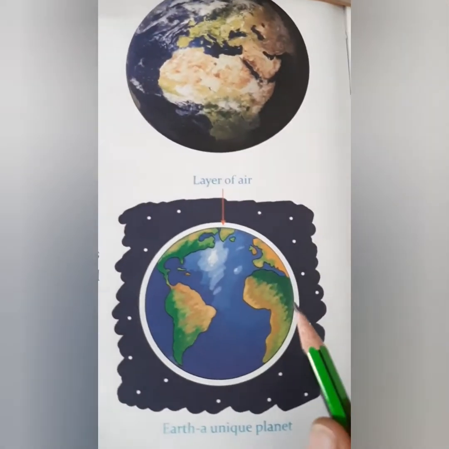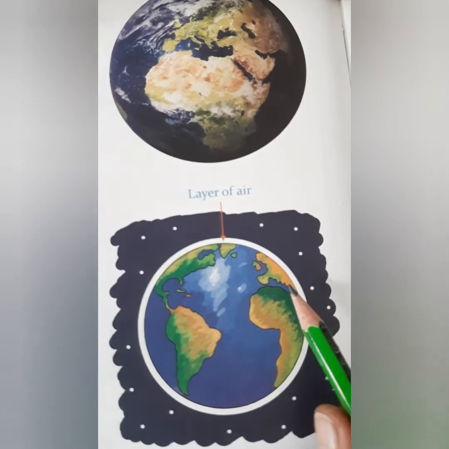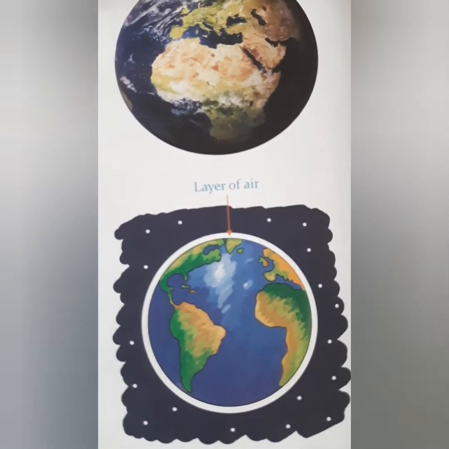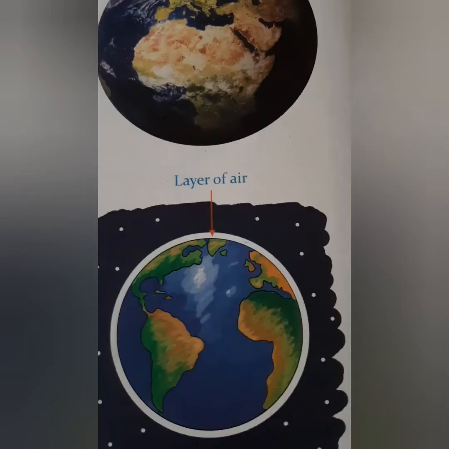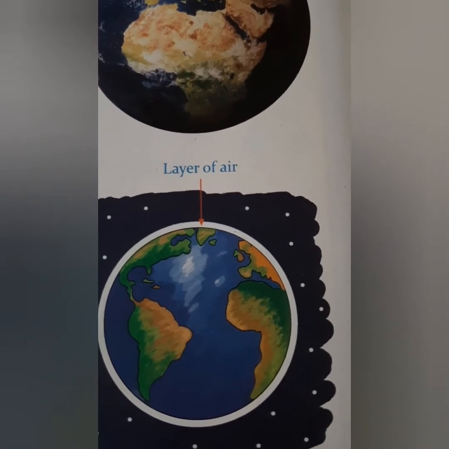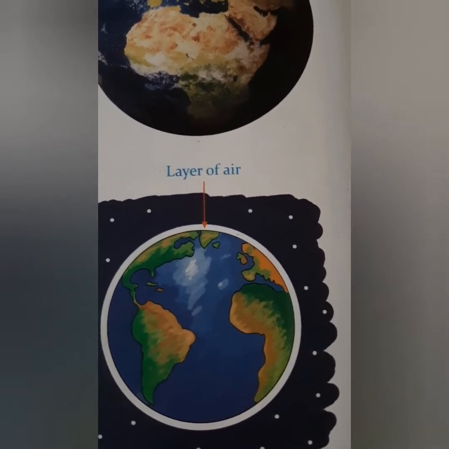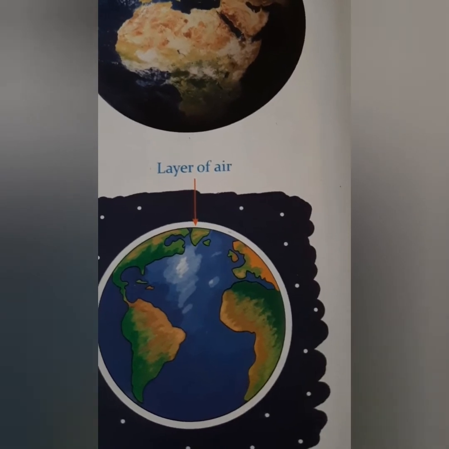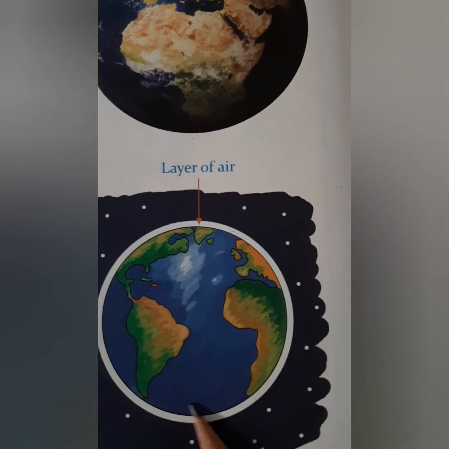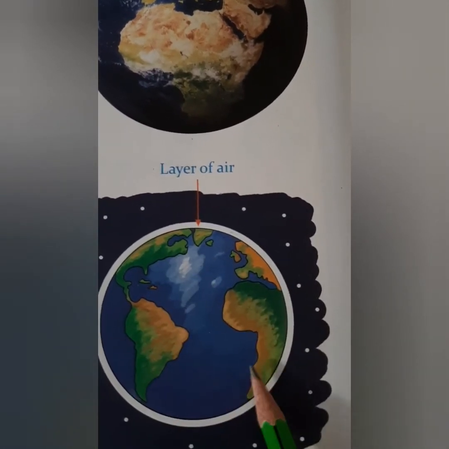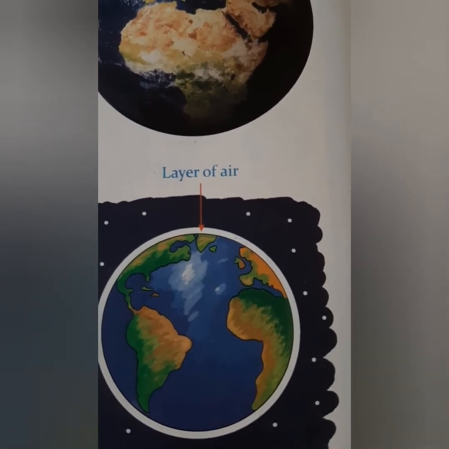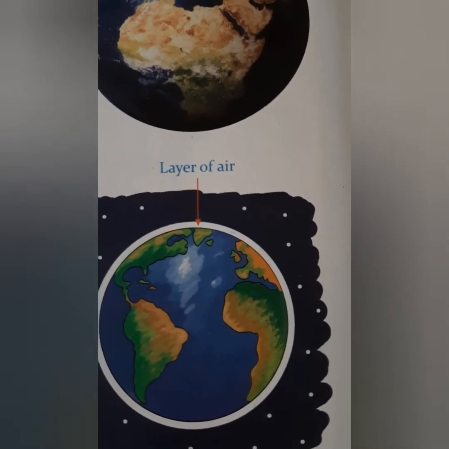So children, our Earth is one of the 8 planets that move around the sun, and we get heat and light from sun, which we need to live on the earth. And there is a layer of air around the earth which gives us oxygen to breathe, which we all need, like human and animals. Okay.